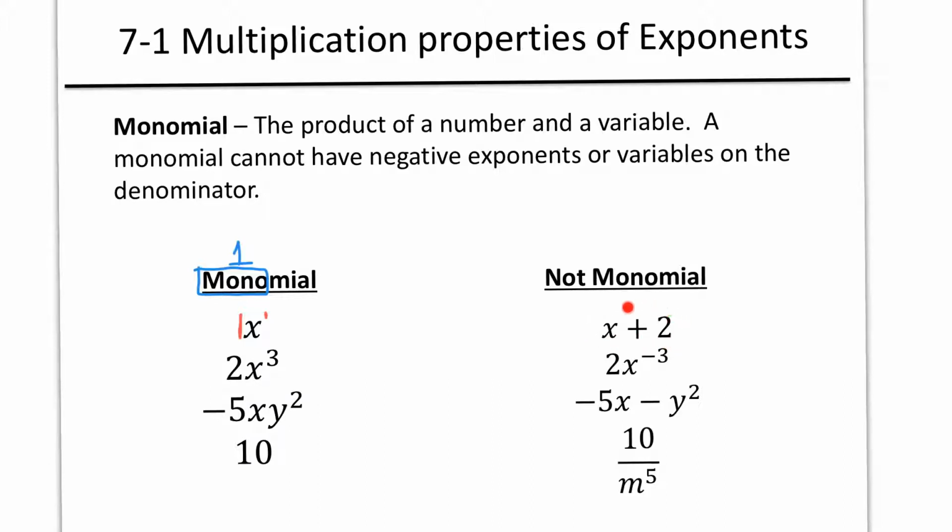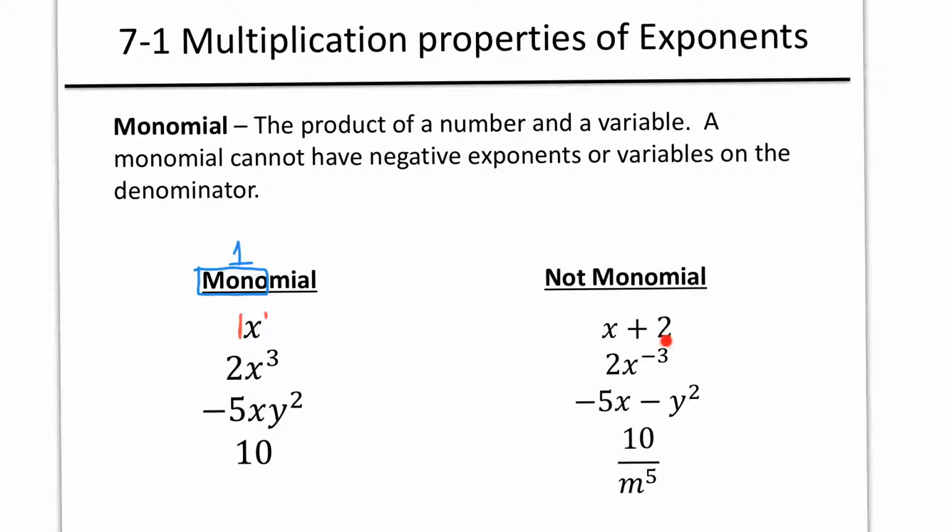This one on the right side, x plus 2, is not a monomial because you are adding a number. You have x plus 2. So when you have an x or a variable and you're adding or even subtracting, like this one here where you're subtracting a number, it's not a monomial.